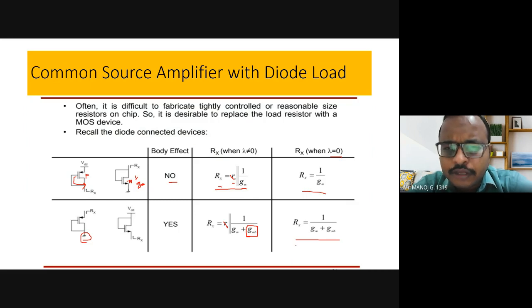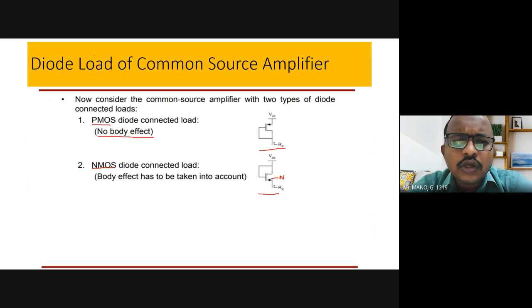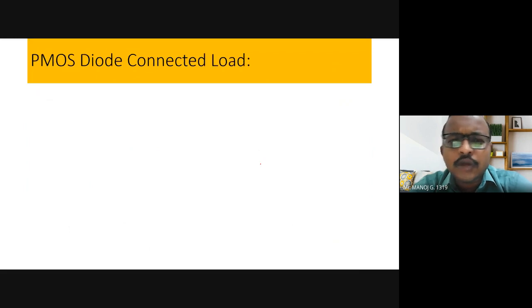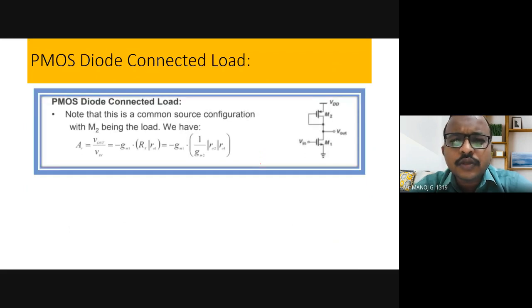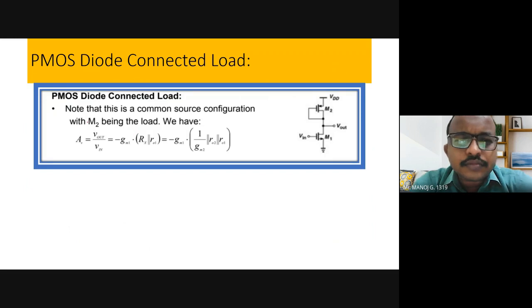If you take the body effect into consideration, it is 1 by (gm plus gmb). We saw how to make a PMOS and an NMOS into a diode. Now we are going to apply this diode as the resistive load of a common source amplifier. So how do you do that?